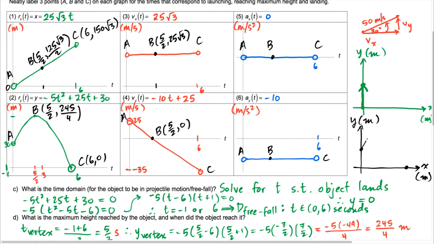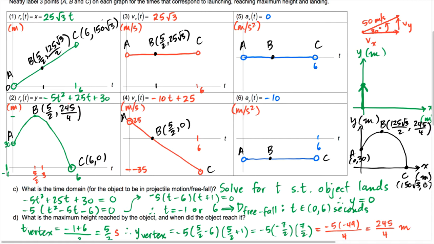And so we're going to get some parabola with the points A, B, and C, where A is at 0 comma 30, B is going to be located at 125 root 3 over 2, comma 245 over 4, and then the point C is going to be at this x and y coordinate here, which is 150 root 3, comma 0.